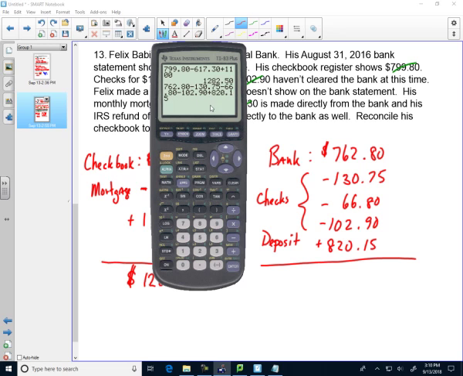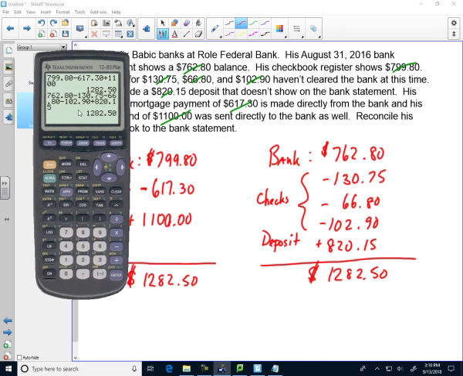Check my numbers. Okay. Pull the trigger, and guess what? I get the same number on each side, which means I have reconciled my checkbook.